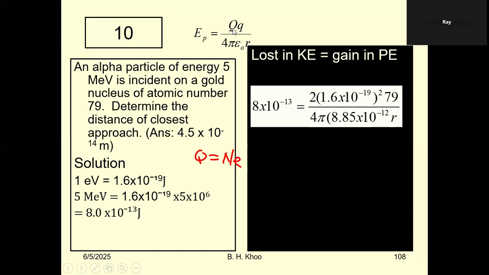Alpha has two, gold has 79. That's why there's a square there. It's the same 1.6 times 10 to the power minus 19. And then this is your epsilon, that's your r. Okay with that?